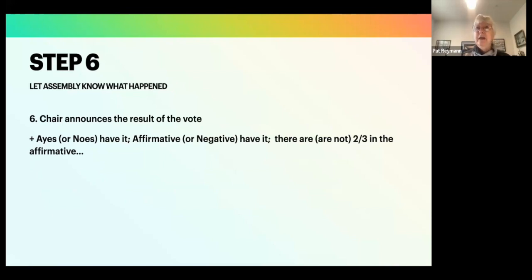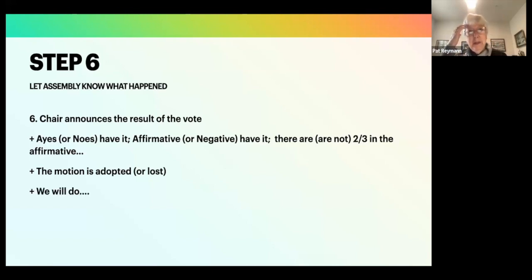The ayes or the noes have it, or they might say the affirmative or the negative have it. There are or are not 2/3 of the affirmative. Again, depending on the type of vote that you took. But the chair needs to make the statement whether the motion is adopted or lost. And if the motion is adopted, then you go into what will happen next.